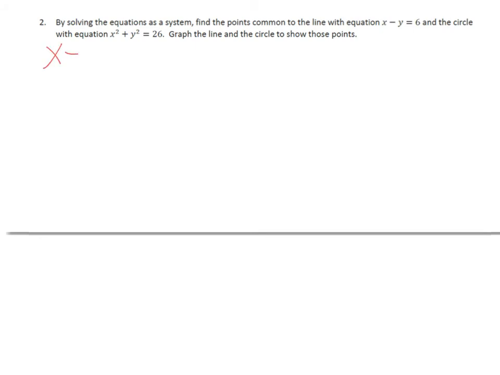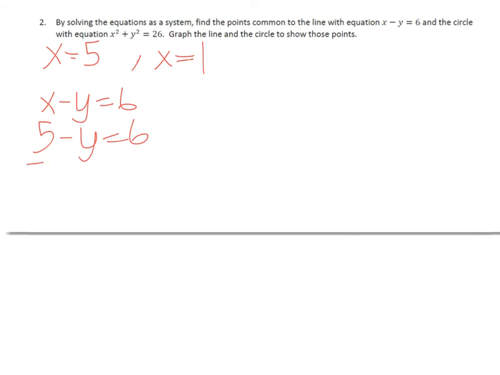So we have x was equal to 5, and x is equal to positive 1. So now we just need our y values, so we plug it in, and I'm going to use the first equation, the one for the line, since it has no squares, so it's easier to deal with. So plugging 5 in for x, we get x minus y is equal to 6, and 5 minus y is equal to 6.